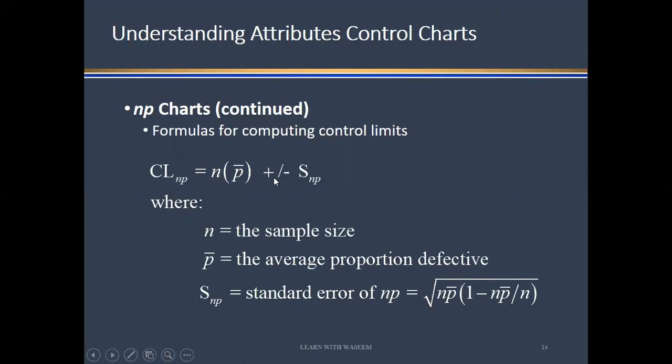Please note that plus is for the upper control limit, minus is for the lower control limit, and we have to write the value 3 here, which is not presented on the screen by mistake.